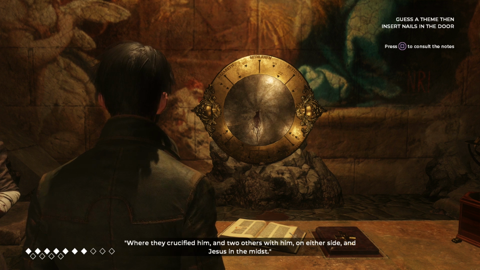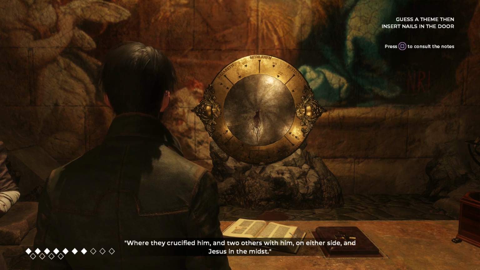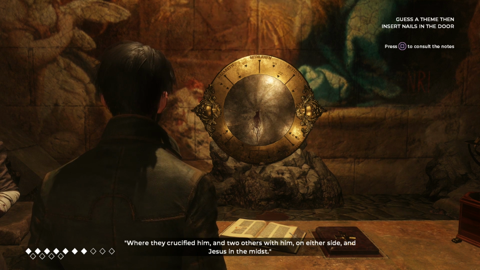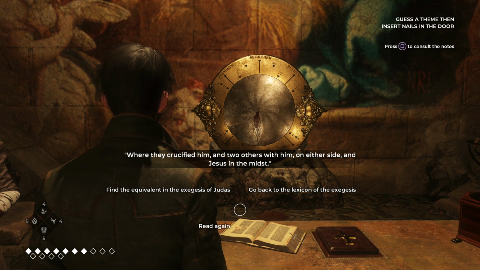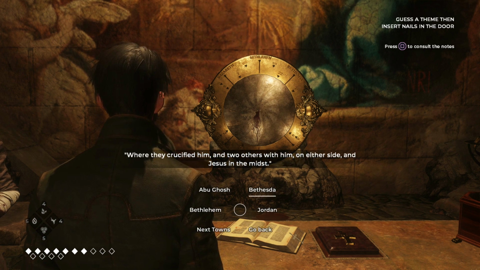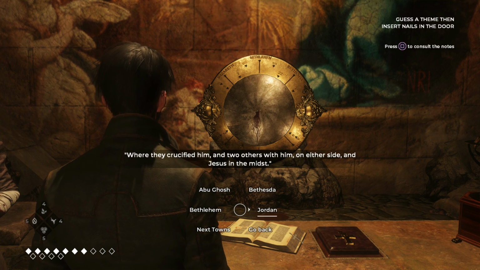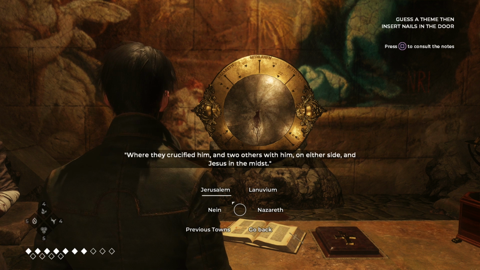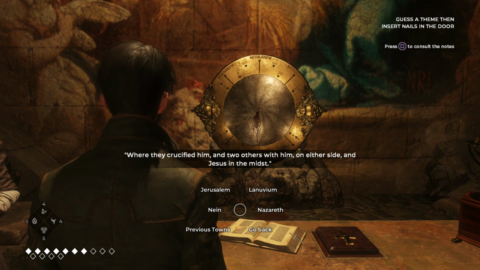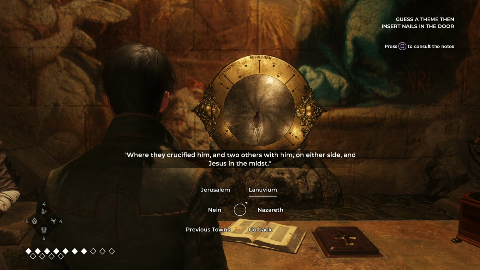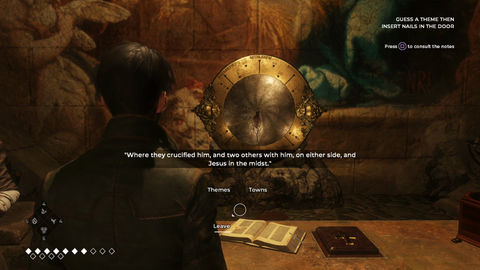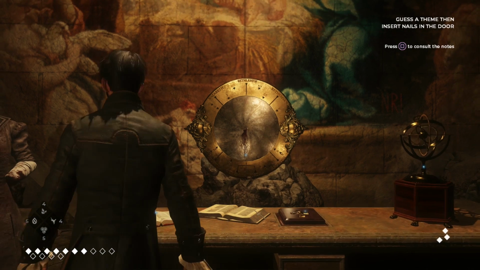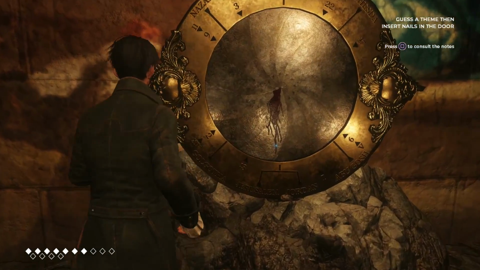So, when I look in these towns, you can see Bethesda, Abu Ghosh, Bethlehem, Nazareth. You can see all of these. Some of them you can't, like 9, and Lanuvium I don't see on there. But Golgotha's up there, and it's explicitly mentioned in the crucifixion passage. So, let's see.